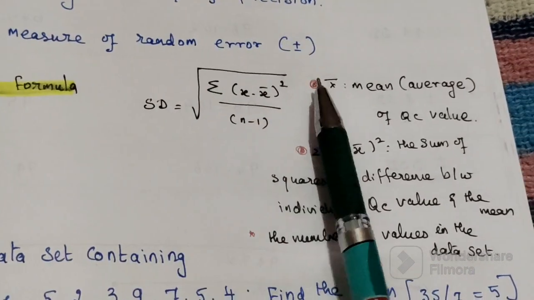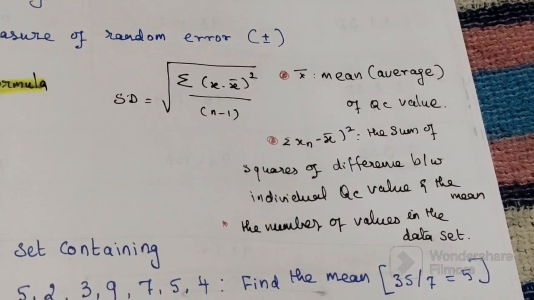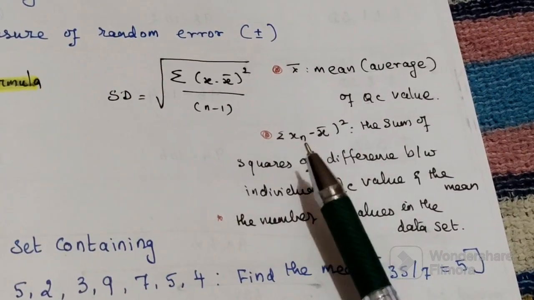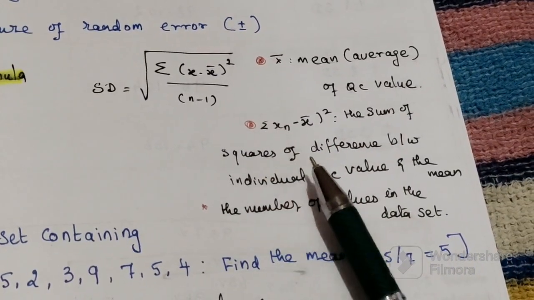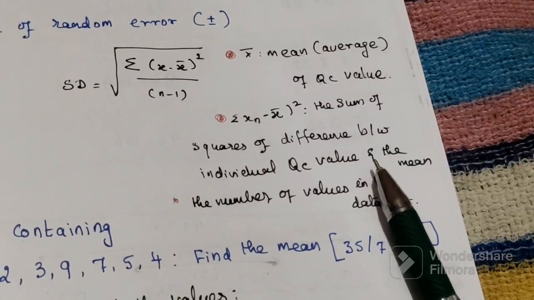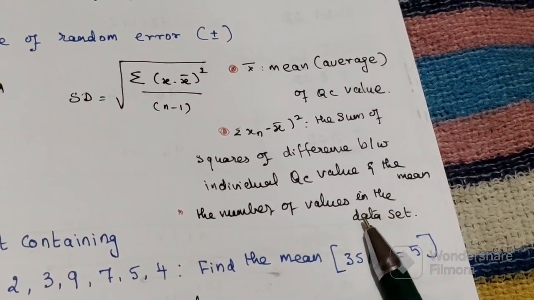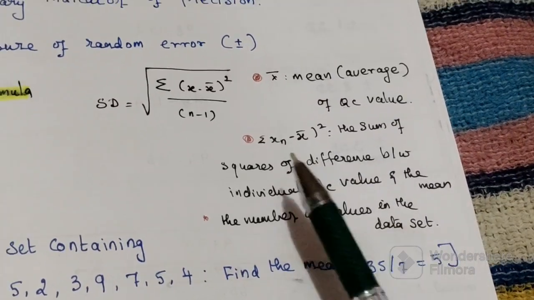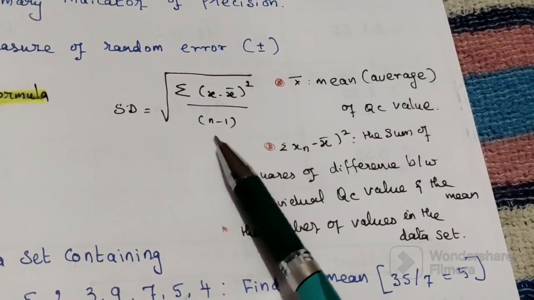Here x bar means the average of the quality control values. The numerator is the sum of squares of the differences between individual quality control values and the mean. n is the number of values in the data set, 7, so n minus 1 is 6.